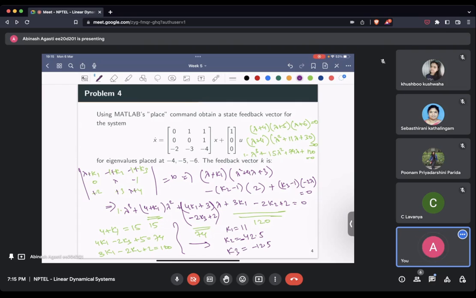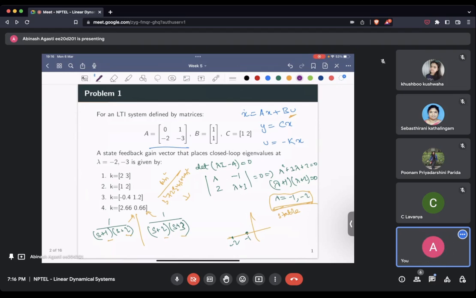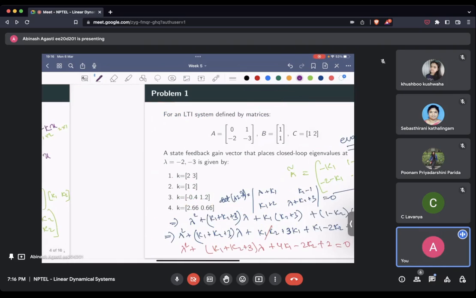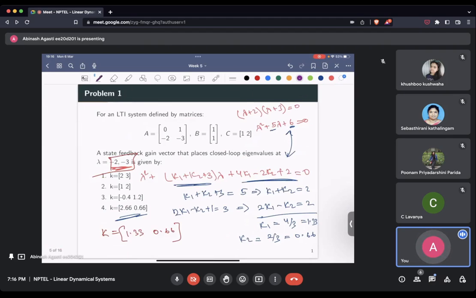Now you saw that we did the second order system case in the first question. It was relatively much simpler. It also had some equations, but still that was manageable.